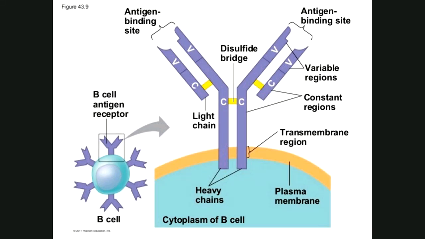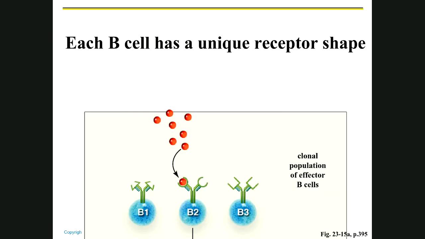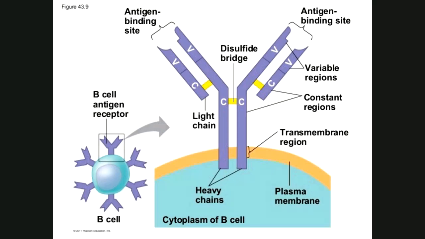So here's what that surface receptor looks like. And look, you got a bunch of them on every B cell. Well, on a single B cell, they're all the same. But between B cells, they're always going to be completely different. The chances of having two B cells with the same shape receptor is very low. But on a single B cell, there's about 1,000 of these.